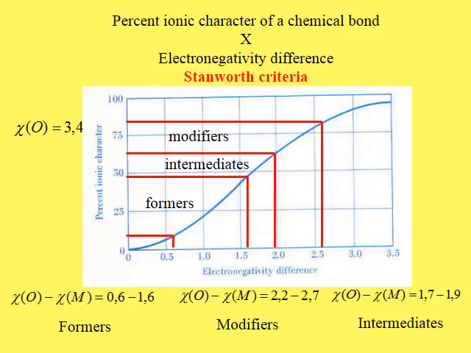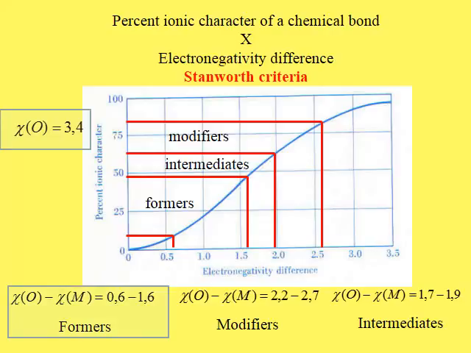The Stanworth criteria are based on the percent ionic character of a chemical bond. The stronger the ionic character, the lower will be the tendency to form a glass. This is a plot showing the percent of ionic character in a covalent bond as a function of the electronegativity difference between two atoms, considering the electronegativity of oxygen as 3.4.